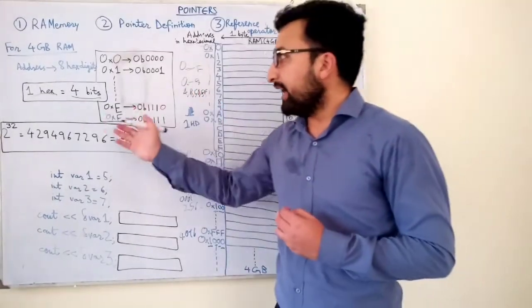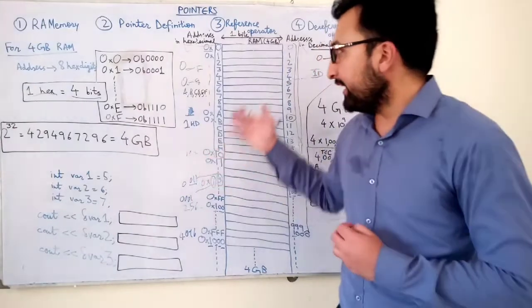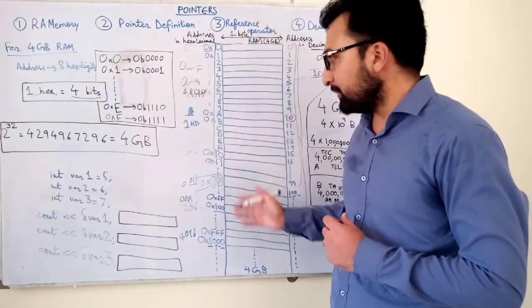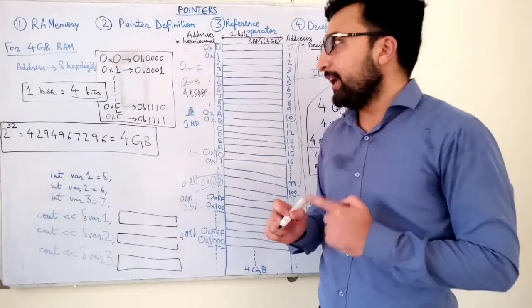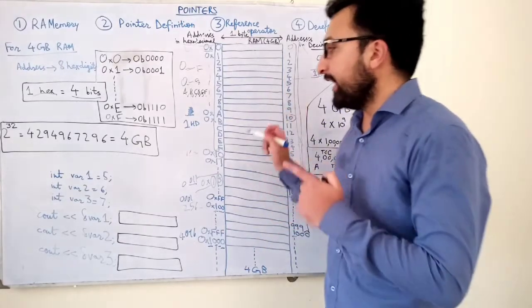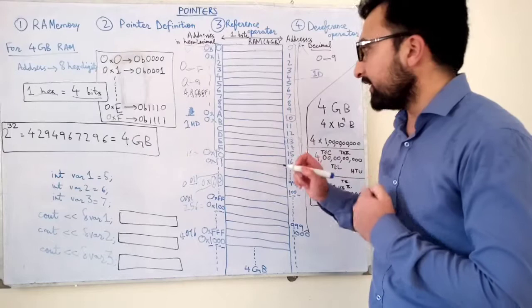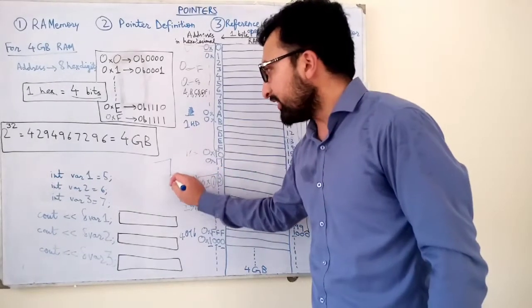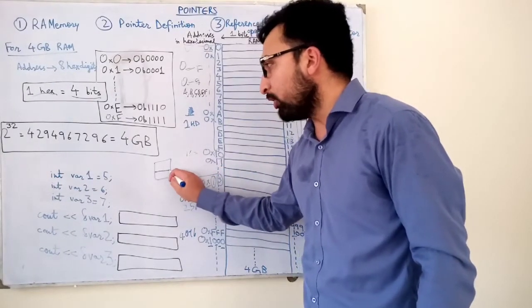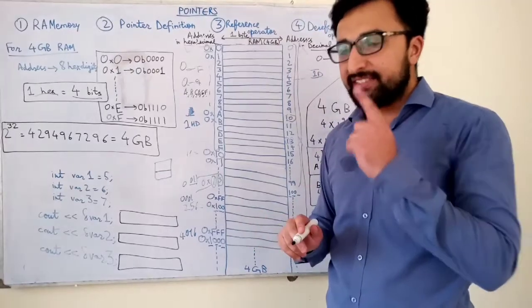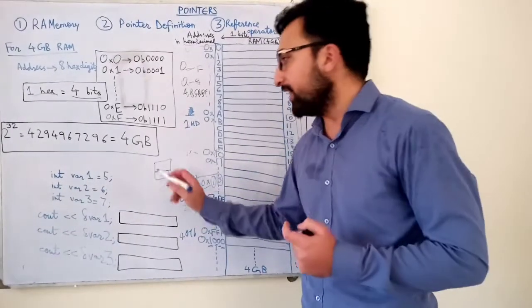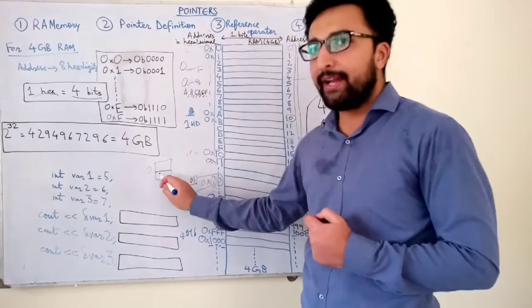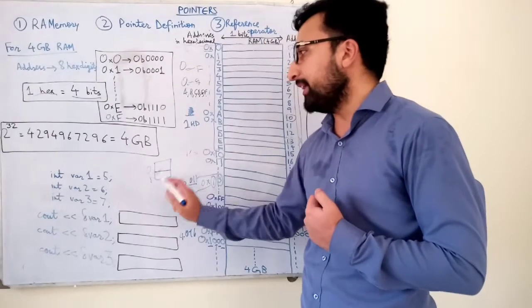And if we have addresses in hexadecimal number system, it means that we have to access a 4 GB RAM. Let's make a certain assumption here. If our RAM was just 2 bytes long, it would need just a single bit to access every single byte distinctively. A 0 to access this byte and a 1 to access this byte.